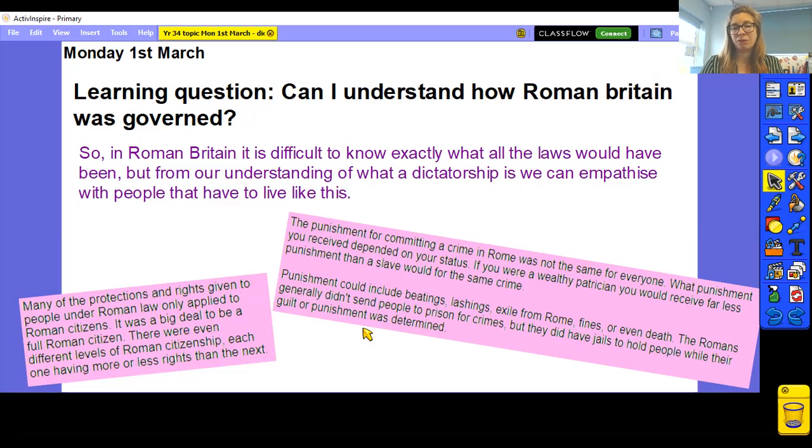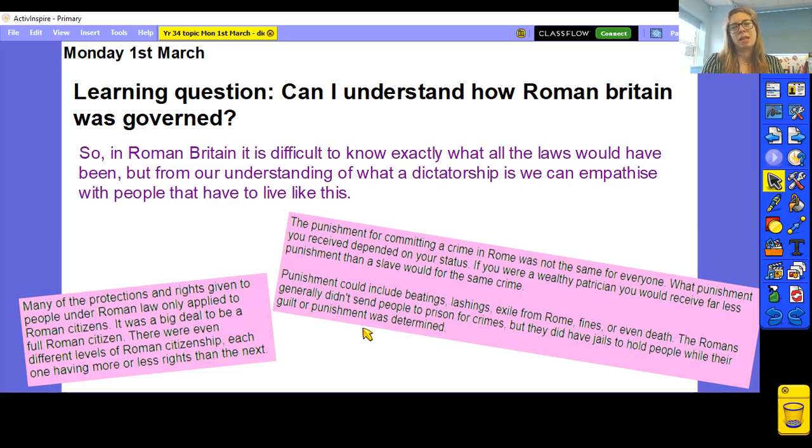There were even different levels of Roman citizenship, each one having more or less rights than the next.